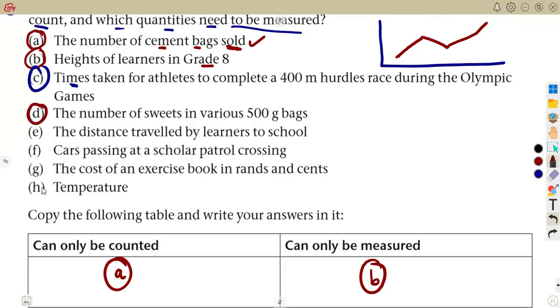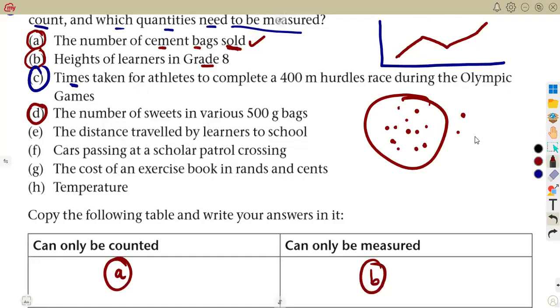D, the number of sweets in various 500 gram bags. How many sweets are inside? There are a number of sweets there, and another bag has its own number. Can you measure these or do you count? You count them: 1, 2, 3, 4, 5, 6, 7, 8, 9. That is how you do it.